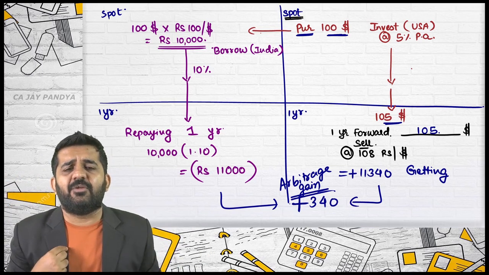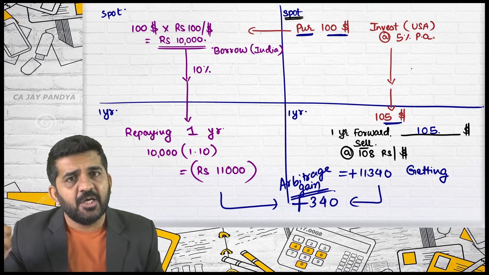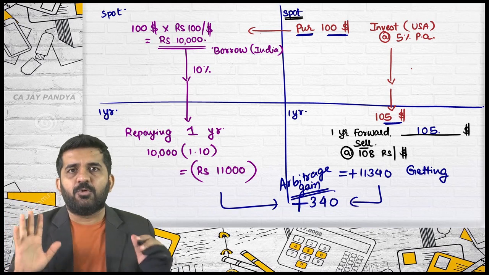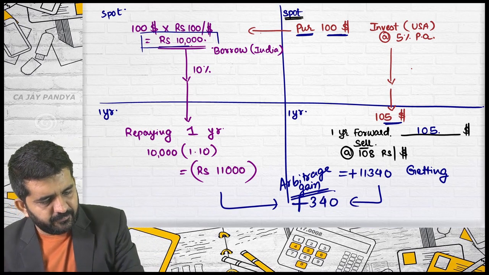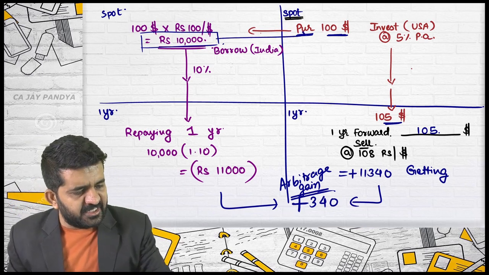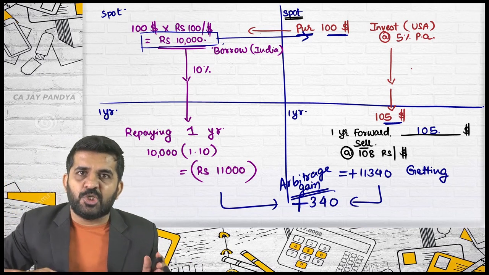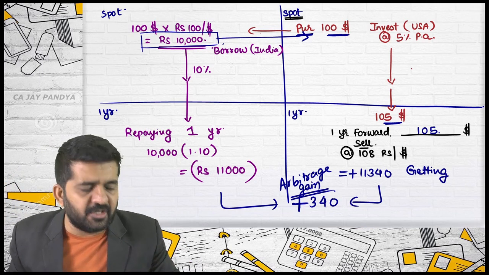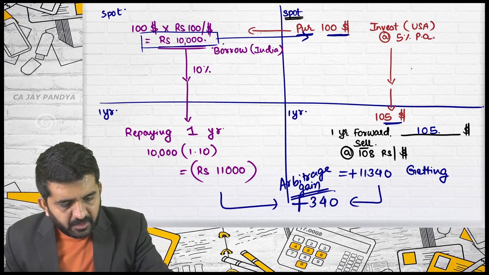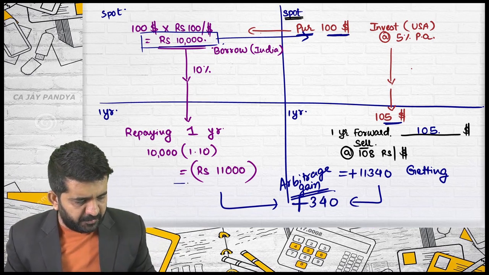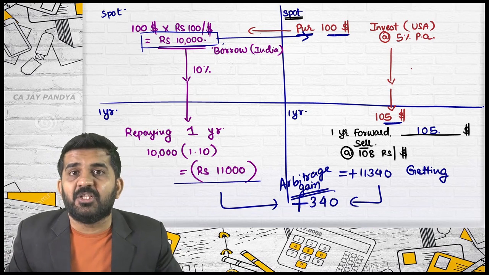Try to understand. There will not be a cash outflow of a single penny today and after 1 year also. First, I will be borrowing 10,000 rupees and purchasing $100. This is what is done today. With that 10,000 rupees, I have purchased $100, so I am not having anything in my hand today. This borrowing of 10,000 rupees, I will have to repay after 1 year as 11,000.